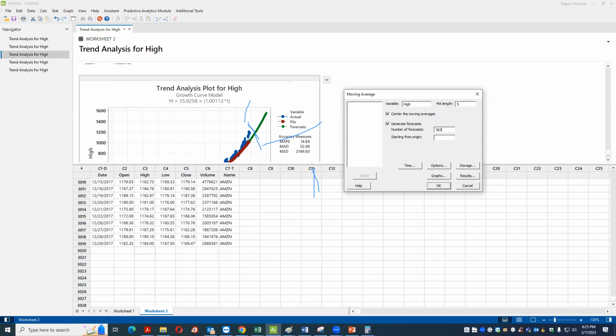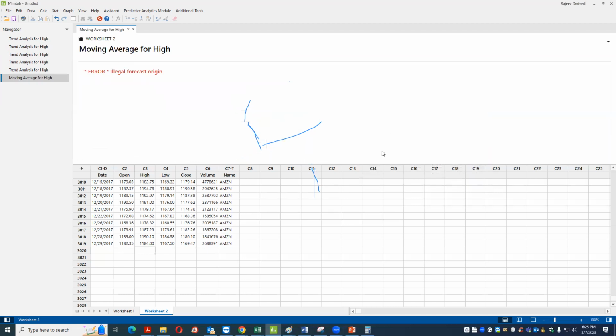The same thing we did here, starting from 3020, because we have data points up to 3019. And now let's do that.